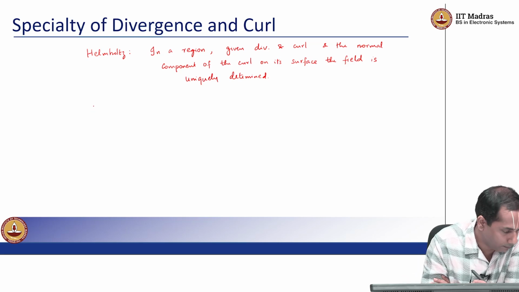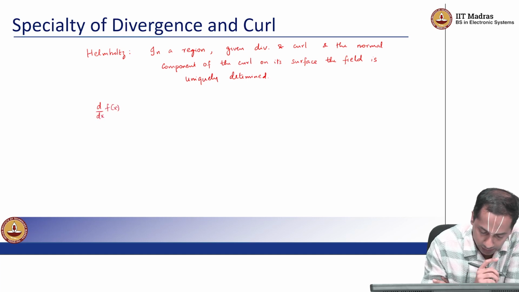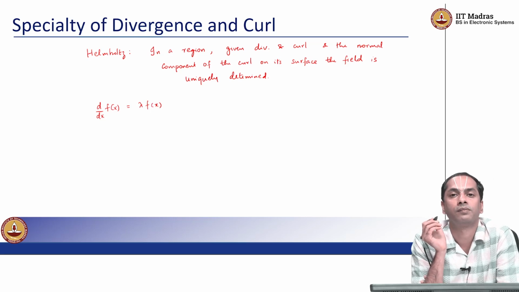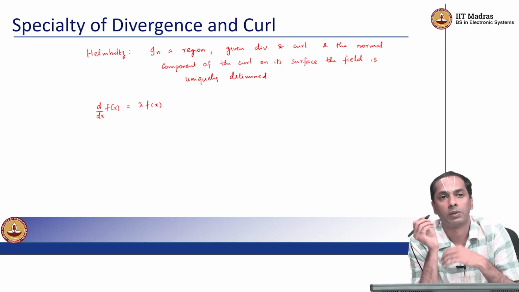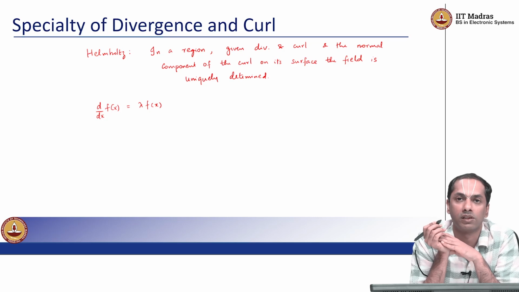Let us say I take this equation that operates on a scalar function f of x, and when I apply the derivative operator, I essentially get a scaled version of f of x.